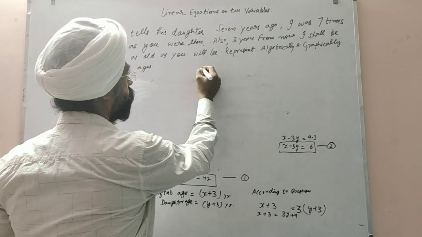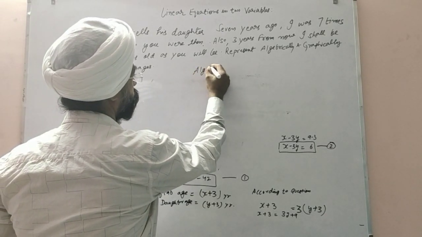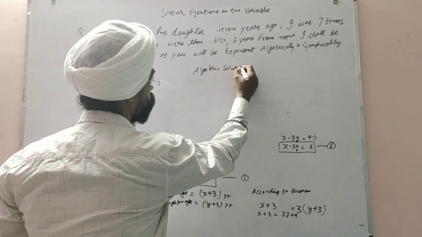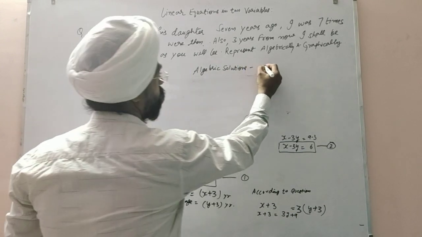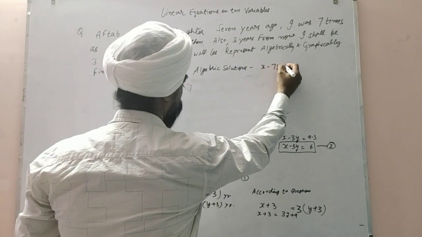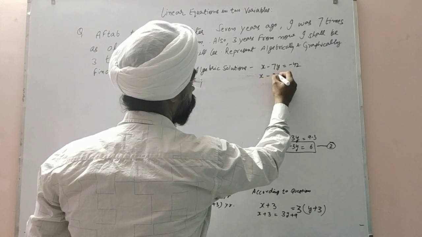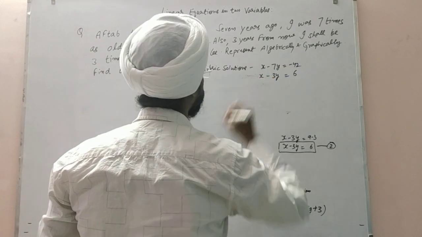These are the algebraic solutions. x minus 7y equal to minus 42, x minus 3y equal to 6.